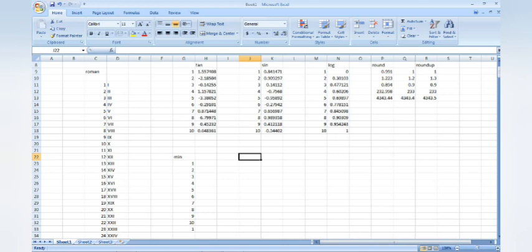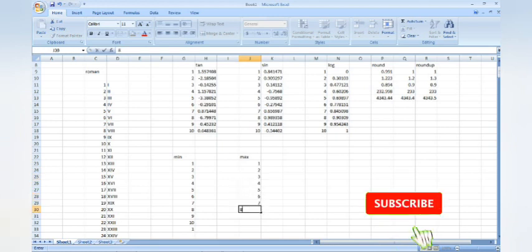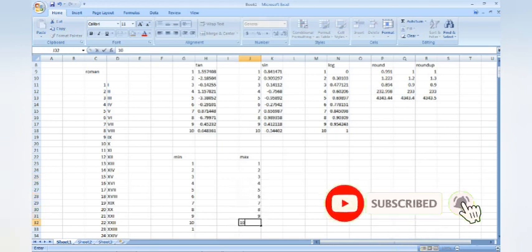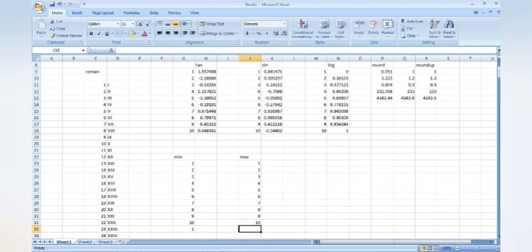Then the next one is max. So you have 1, 2, 3, and then maybe you can still have another one to be 50.